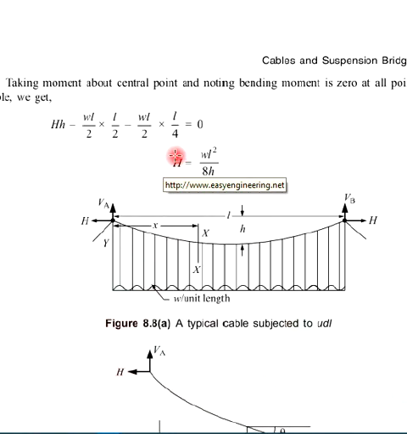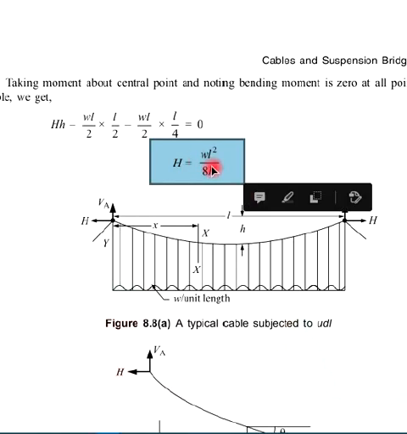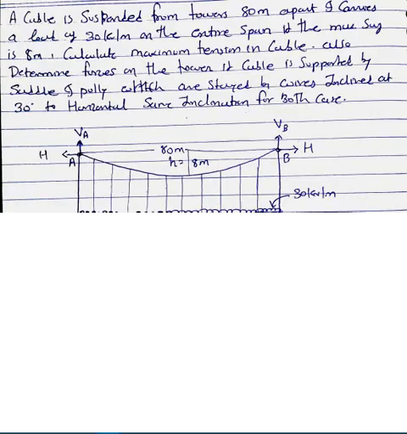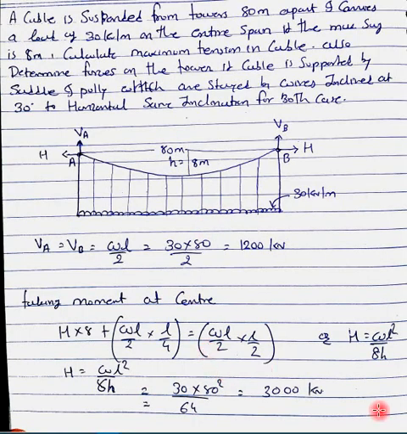Here it is: H is equal to WL square upon 8h, where h is the central sag, W is the load, and L is the span. We can calculate the horizontal reaction using this equation, or by taking moments. Either way you can calculate it.